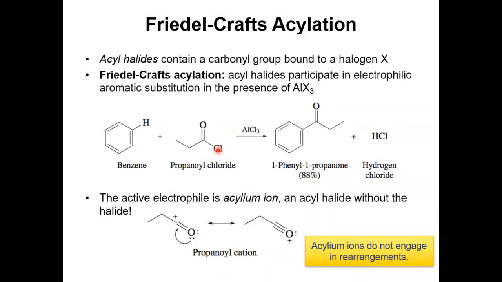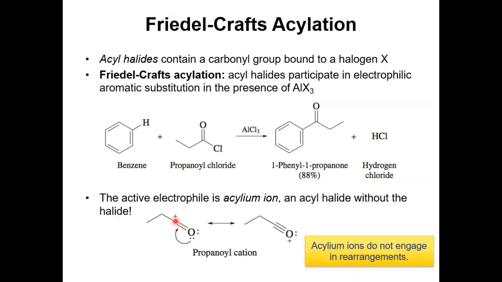But what I want to emphasize here is that the acylium cation is substantially more stable than a conventional alkyl carbocation. The acylium cation, where the positive charge sits on the carbonyl carbon, is even more stable than a tertiary carbocation. Why is that the case? Look at it.